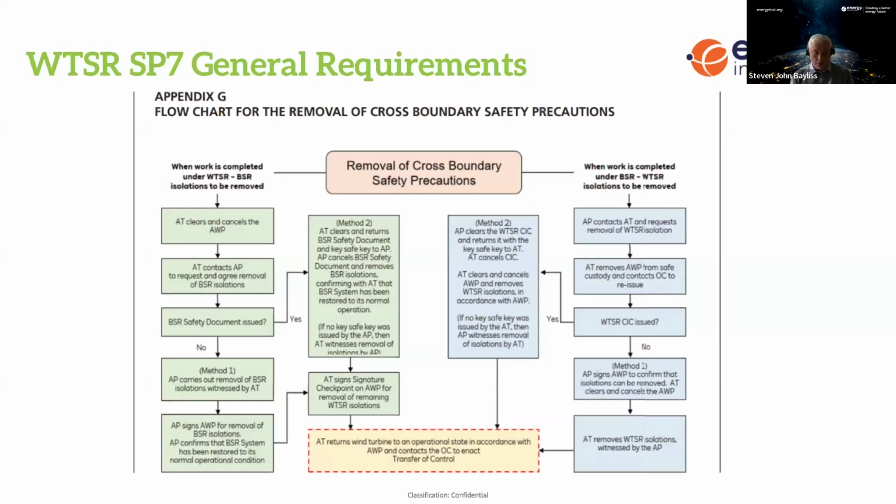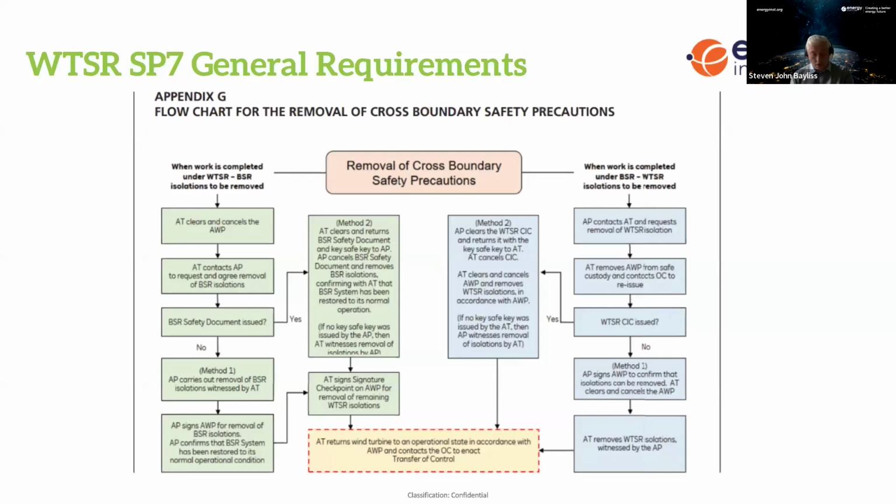Again, just to run you through that again: the isolations on both the HV side and WTSR side of the boundaries, safety documents that are applicable and the signatures required, security of the isolations and the safety keys, and the potential for general safety issues.